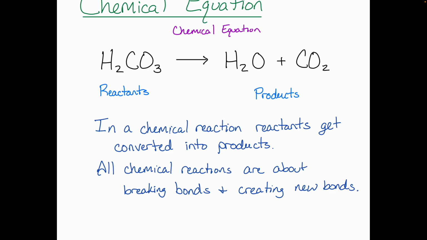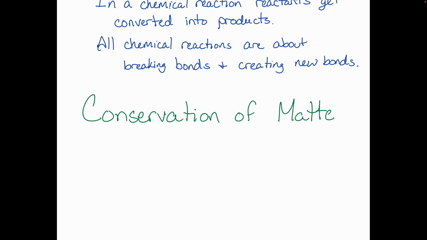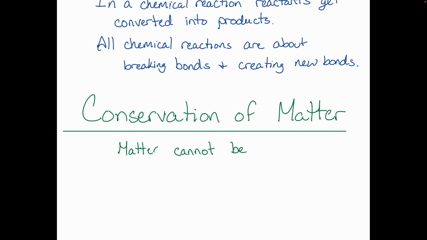All right? So, because of this, there's a very important concept that sort of guides our understanding of chemical reactions. And that is called the conservation of matter. And the important thing that we keep in mind is that matter cannot be created or destroyed.